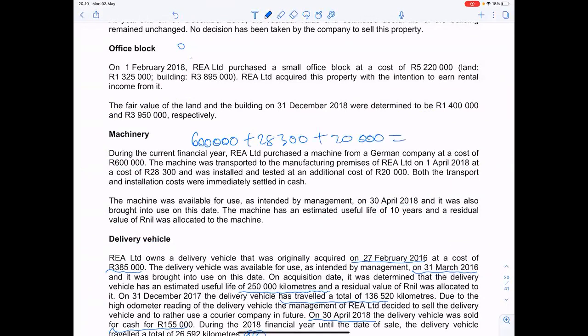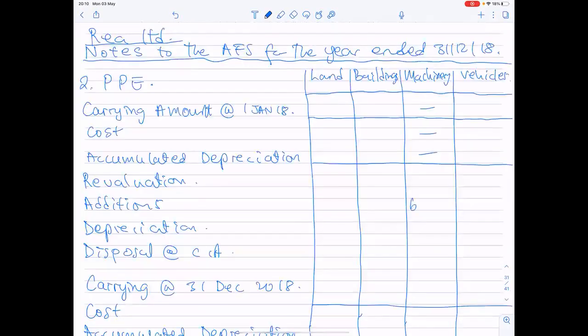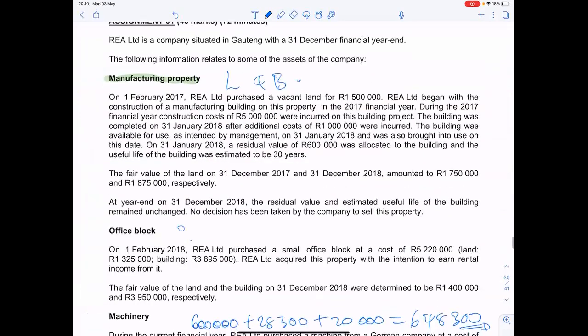So you're going to get a cost of 648,300. So that is the cost of the machinery. So our addition, I'm going to put 648,300. That is the cost of our machine. Are we together?